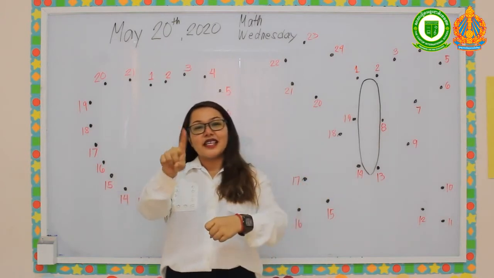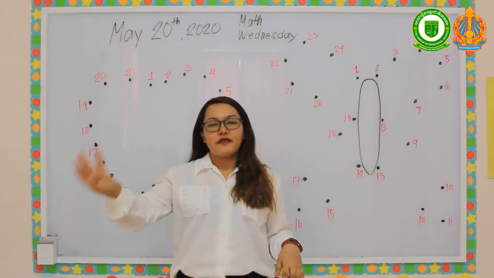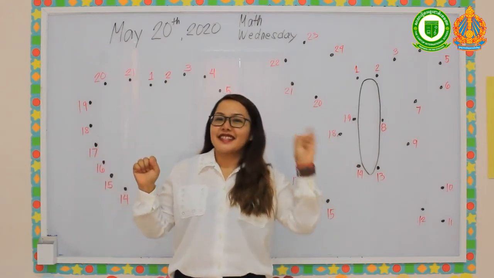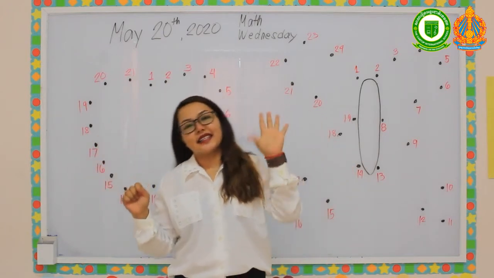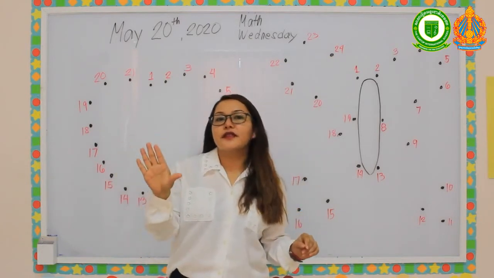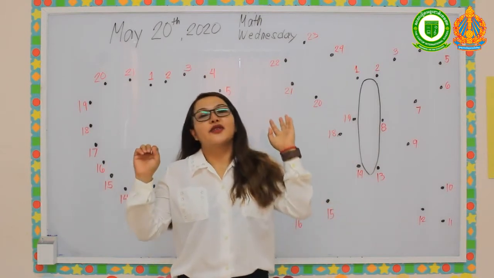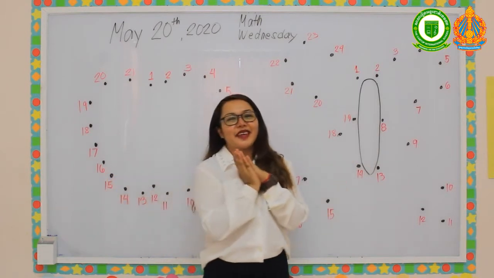Okay, good job. One more time. Faster. 1, 2, 3, 4, 5, 6, 7, 8, 9, 10, 11, 12, 13, 14, 15, 16, 17, 18, 19, 20. Okay, good job, kids.